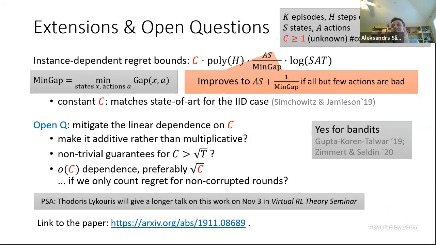But there was a subtlety which I don't remember. I think that also required high probability guarantees, not expected guarantees.